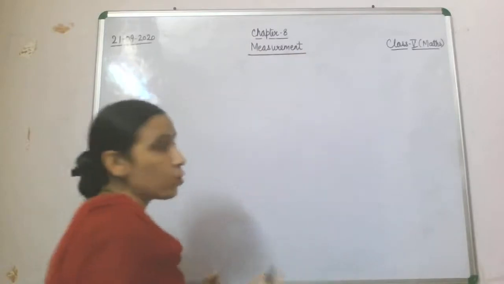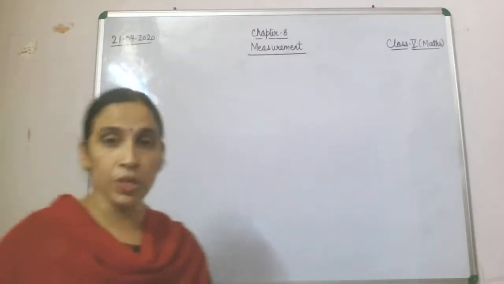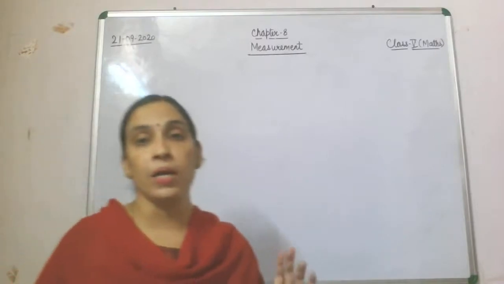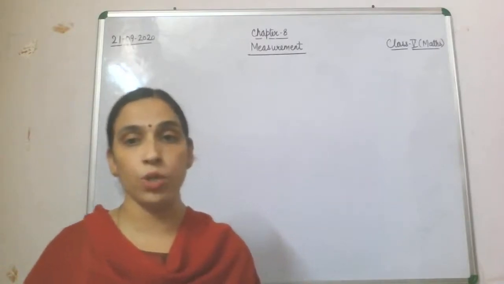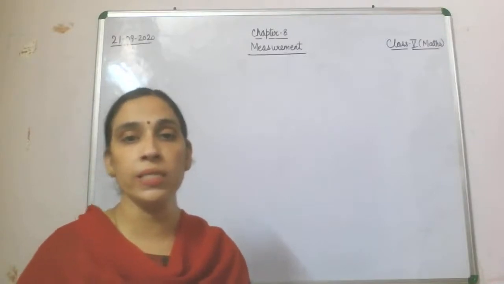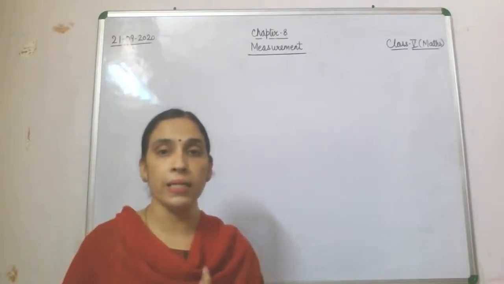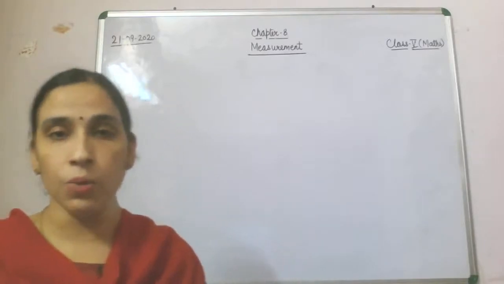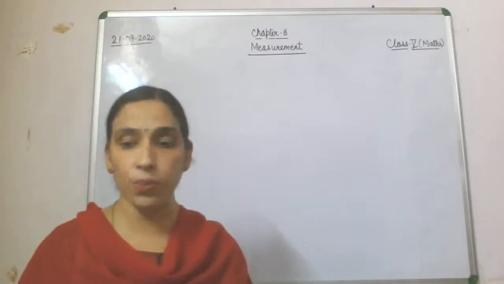See, if I talk about conversion, conversion is an important part, as I told you, in length, in weight, and in capacity. So in length, you are supposed to find what length is equivalent to.